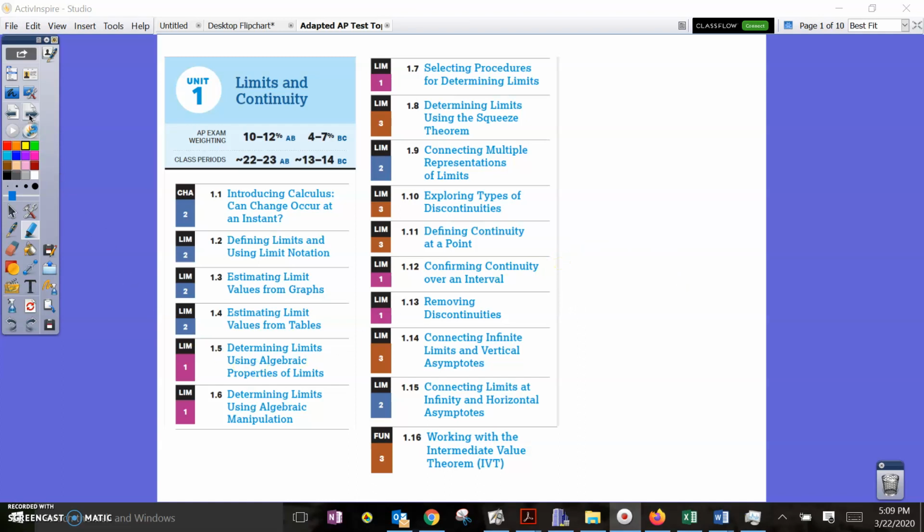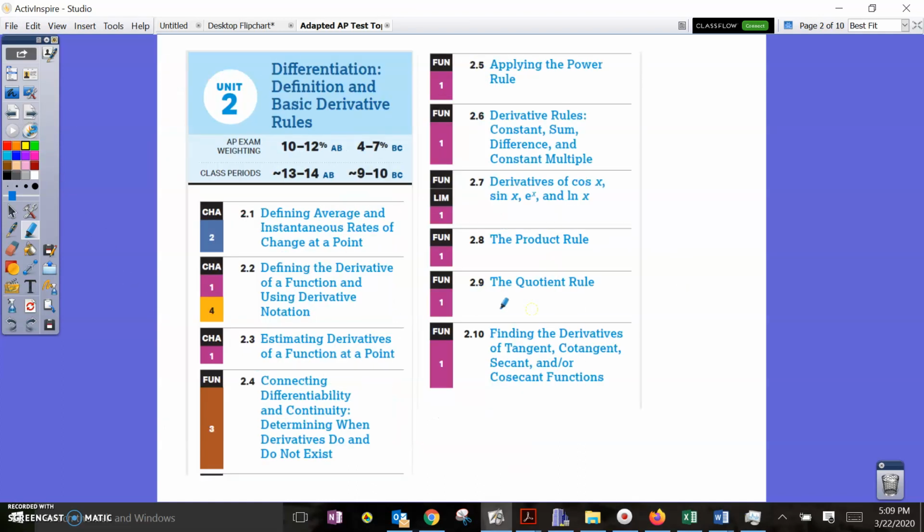Also, everything is going to appear in the exam from their second unit on their pacing guide: Differentiation and the definition and basic derivative rules related to differentiation. And you can see all those concepts there.